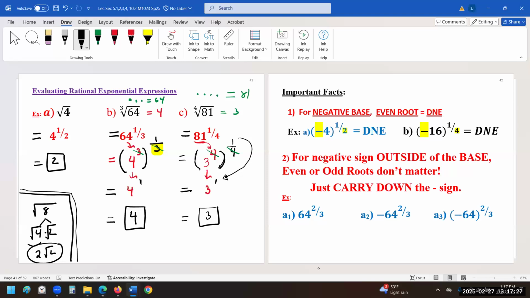If your base is a negative, okay, your base, not an extra negative sign. And how do I know a base is negative? Because we have parentheses around that. So if you have a negative base and you're trying to find any type of even root, for now it doesn't exist. For example, here it says negative 4 to the power 1/2.